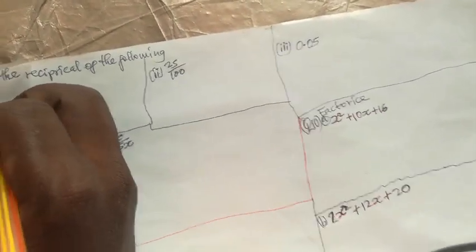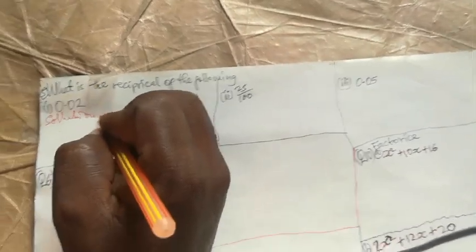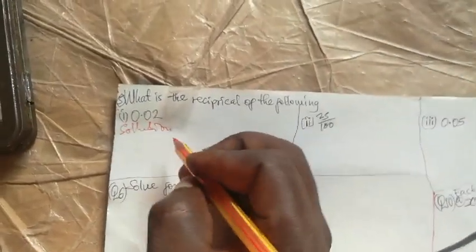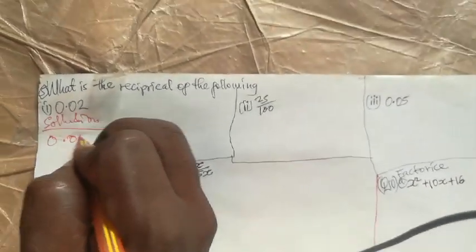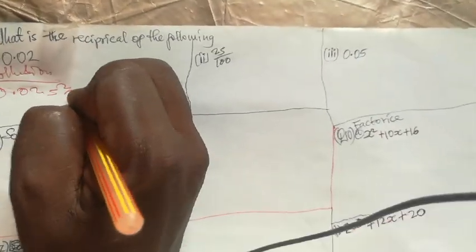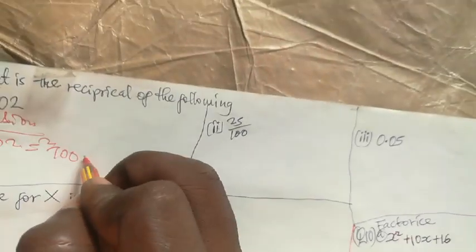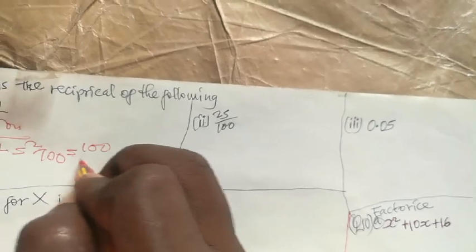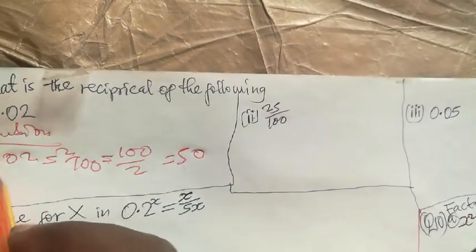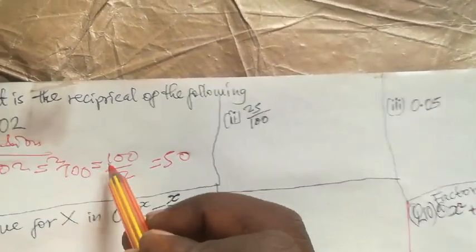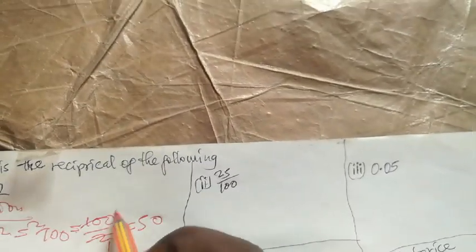The reciprocal of 0.02, solution: 0.02 is the same as 2 over 100, and its reciprocal is 100 over 2, which is the same as 50.